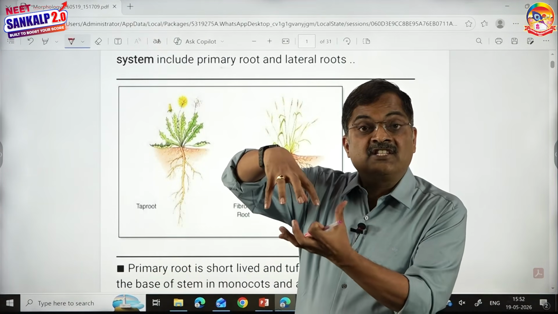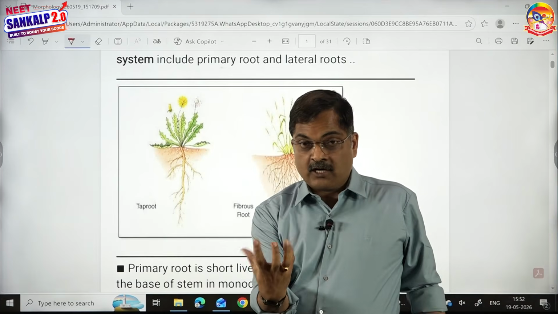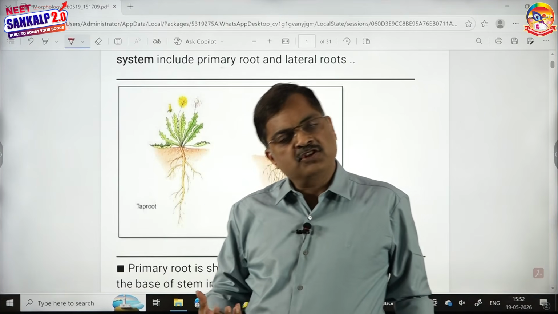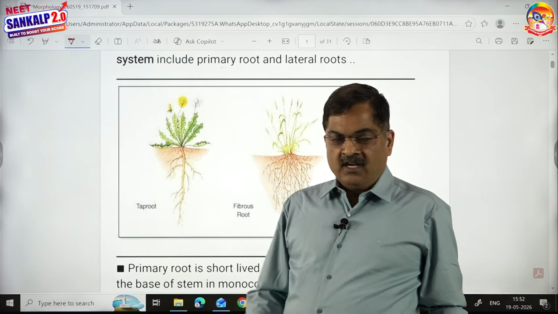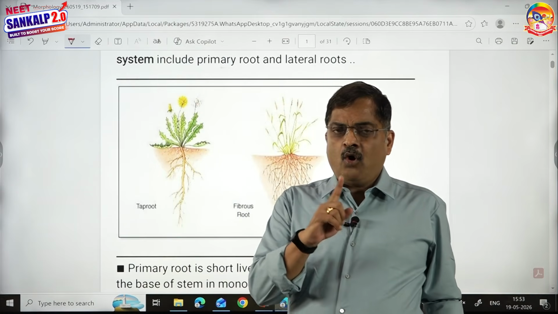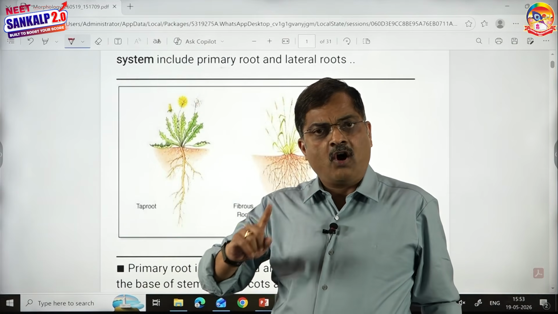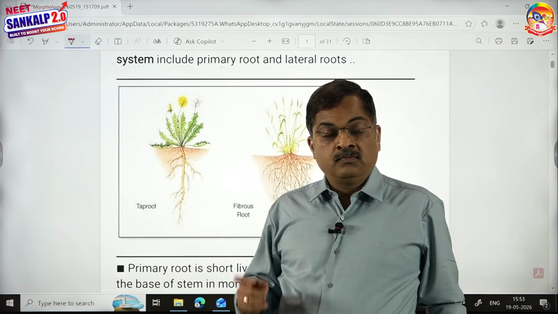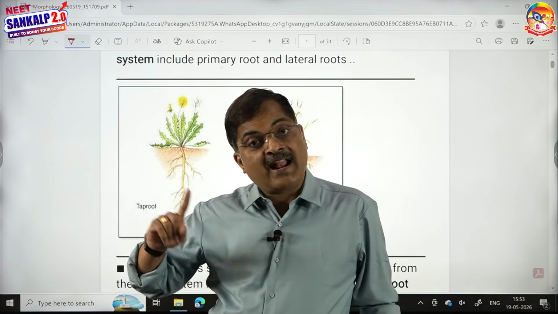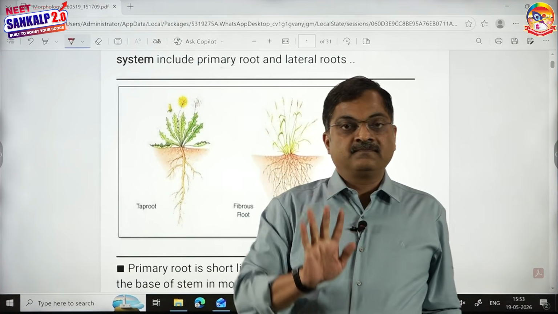Can I call the stilt roots arising from the basal nodes of maize adventitious? Yes, because they are not arising from primary root. Shall I say this? All adventitious roots are fibrous roots? No. All fibrous roots are adventitious roots? Yes.